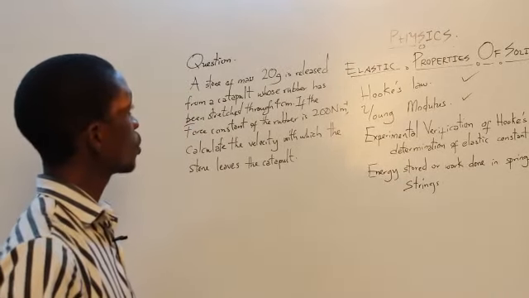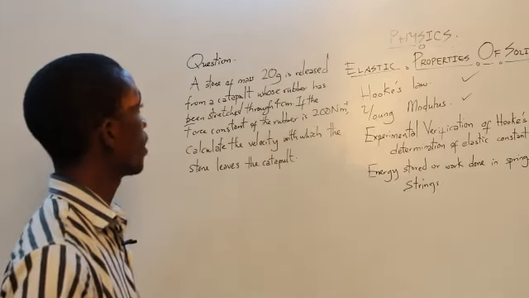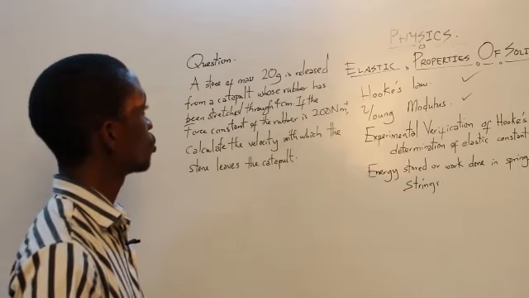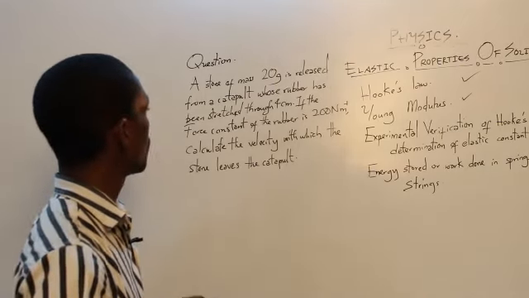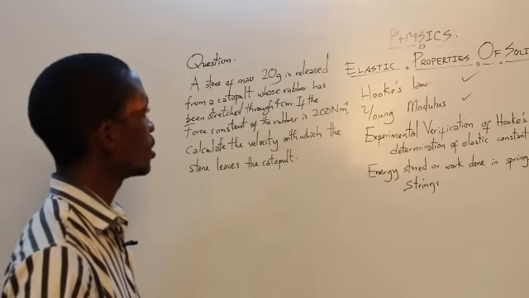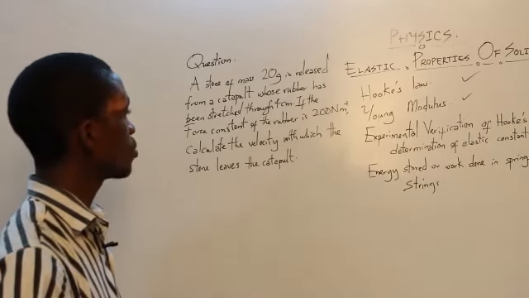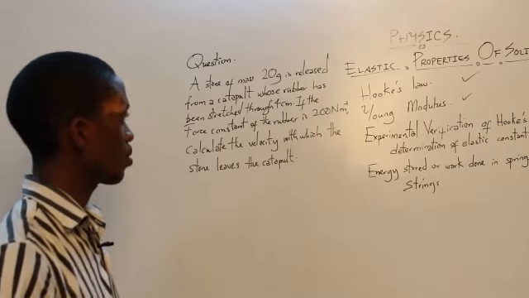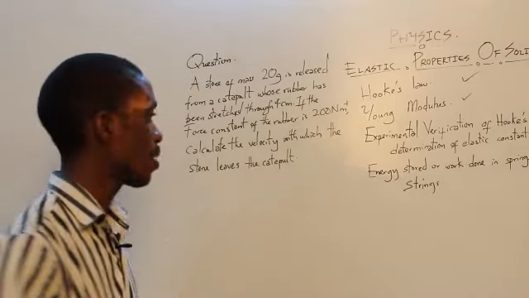A stone of mass 20 grams is released from a catapult whose rubber has been stretched through 4 centimeters. If the force constant of the rubber is 200 newtons per meter, calculate the velocity with which the stone leaves the catapult. First thing we do is to write out our parameters.